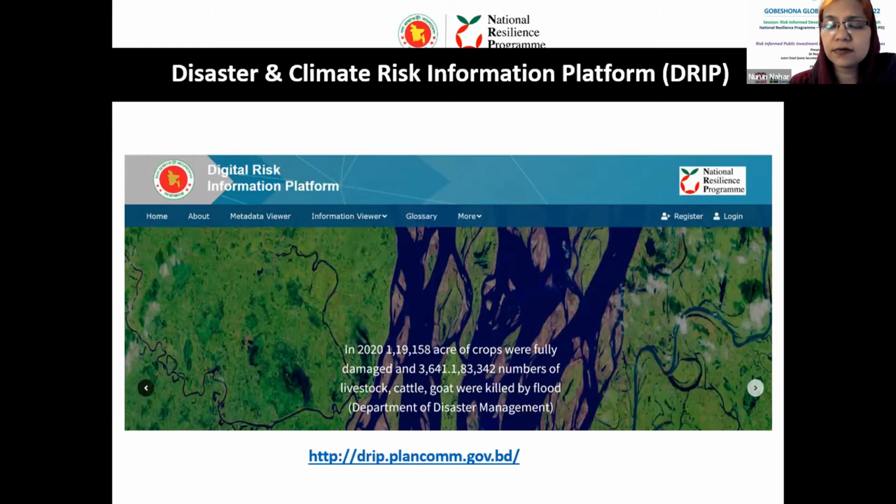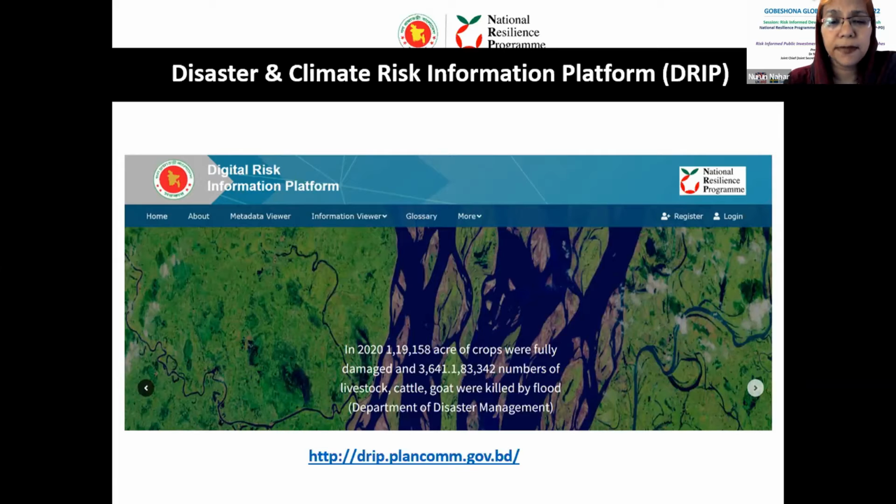So at least 14 organizations we have identified that have these risk related data. And they are also continuously updating through their surveys, through their own studies. And also we have the Survey of Bangladesh, they have very excellent maps.